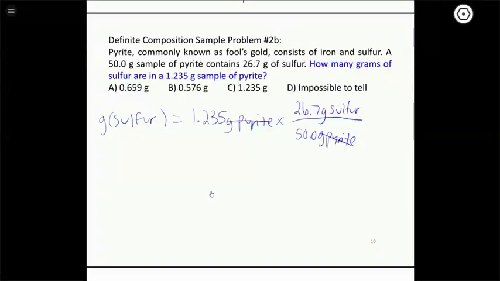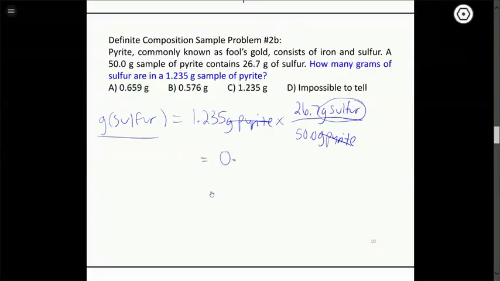Canceling is not really a real mathematical operation, obviously. Grams of pyrite divides out, and we're left with grams of sulfur, which is what we want to solve for. So now we know that we can stop. We don't have to do any additional steps. And what we come up with when we do this numerically is 0.659 grams of sulfur, which corresponds to choice A.